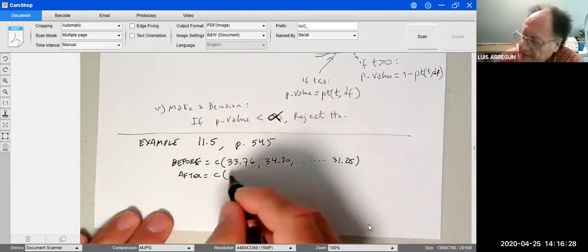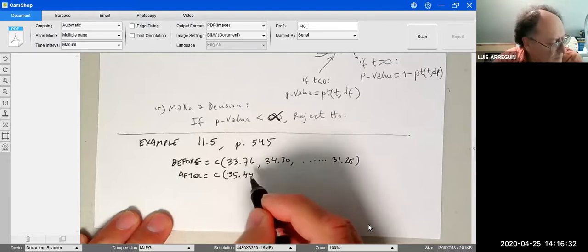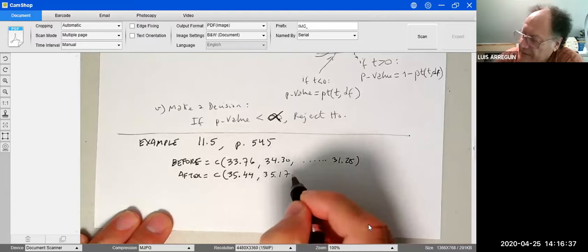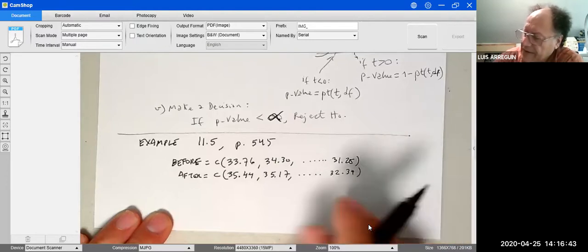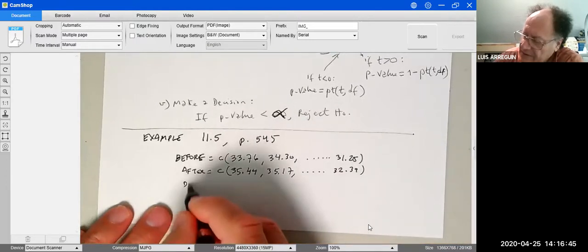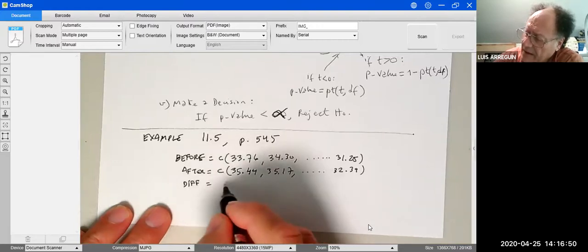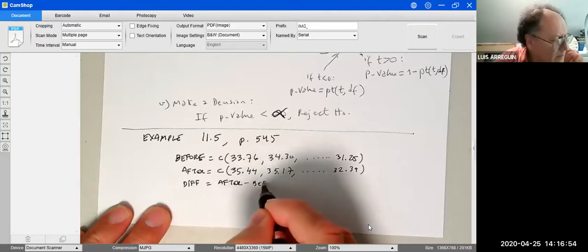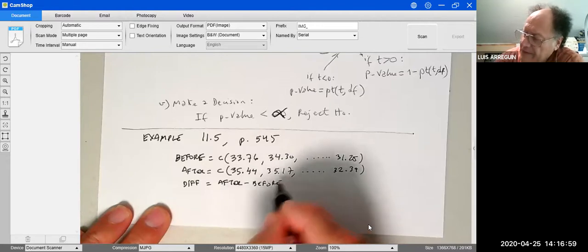Then you're going to create another variable, which is going to be after. You're going to enter 35.44, comma 35.17, and so on until you get the last value, which is 32.39. Then you're going to compute the differences. You're going to say the difference is just after minus before, and this is going to be your differences.